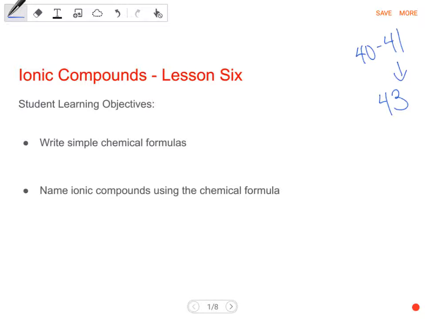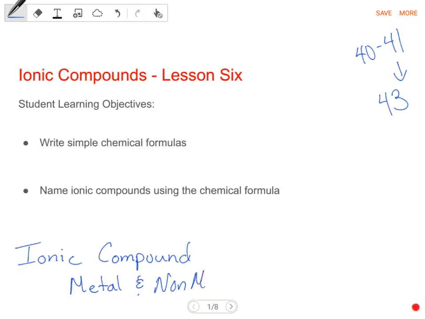Now, there's one thing I want to say before I get into the student learning objectives. I want you to know when you have an ionic compound, this is a compound formed when a metal and a non-metal transfer electrons.